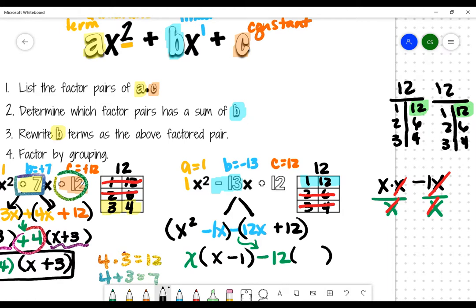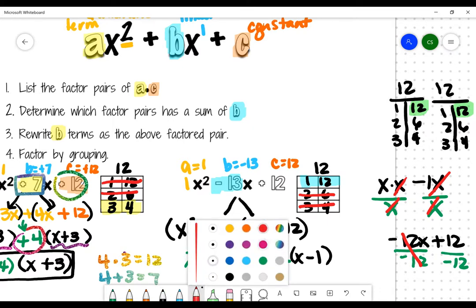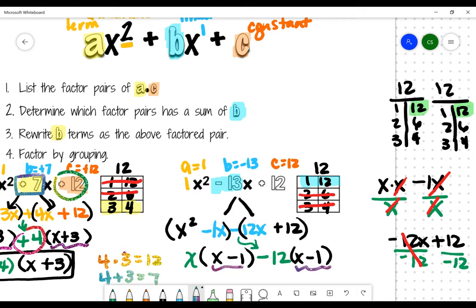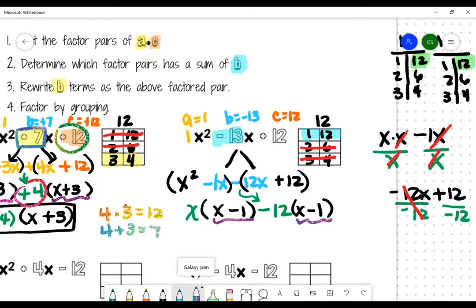Well, if I factor out negative 12, what does that leave me? With x, and positive 12 divided by negative 12 is a negative 1. I have some twins. So my twins get a binomial, and what is left over gets a binomial.